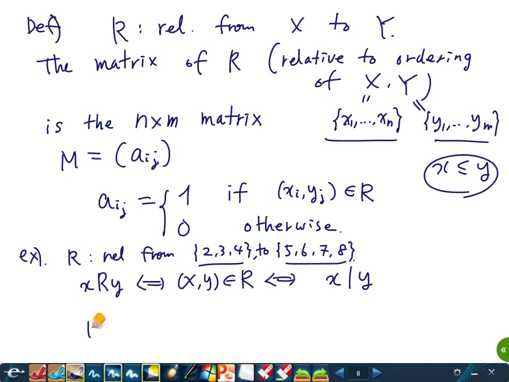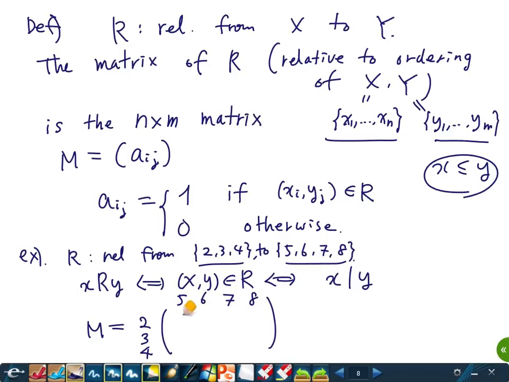So what is the matrix of the relation? We have rows labeled by 2, 3, 4, and 4 columns labeled by 5, 6, 7, 8. Then we fill each entry with 1 if there is a relation, 0 otherwise. Does 2 divide 5?